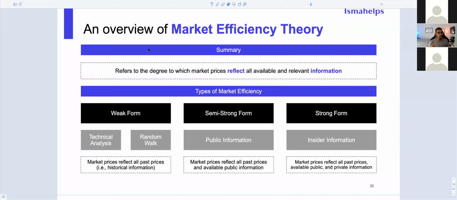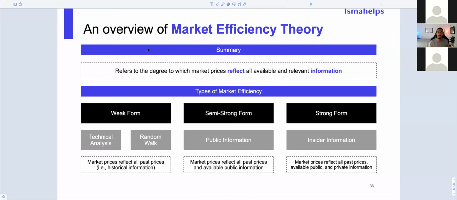So second type of market efficiency form. The second type will be the semi-strong form of market efficiency. And within the semi-strong form of market efficiency, there's really only one topic that you would want to remember. The subsegment being publicly available information. Okay, what is publicly available information?